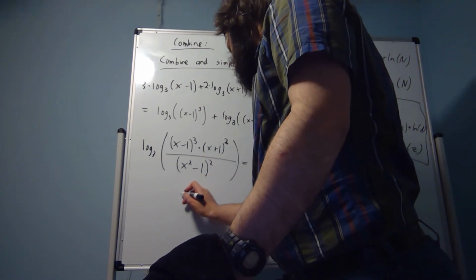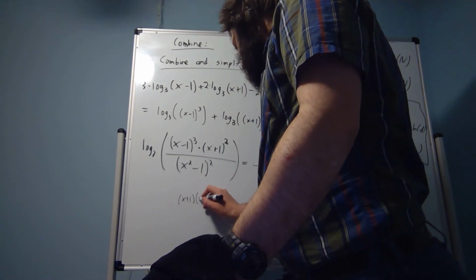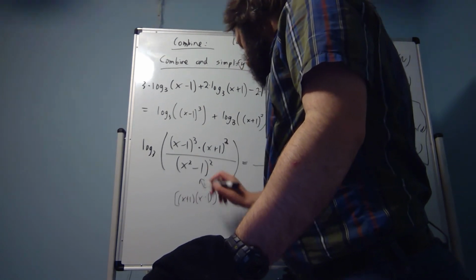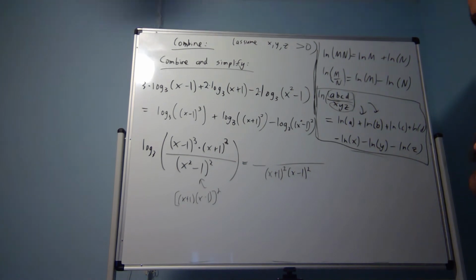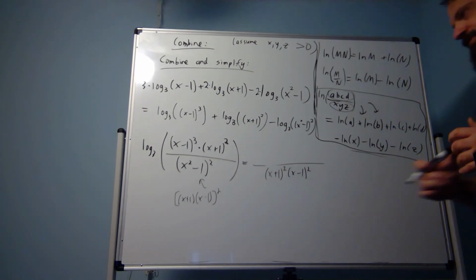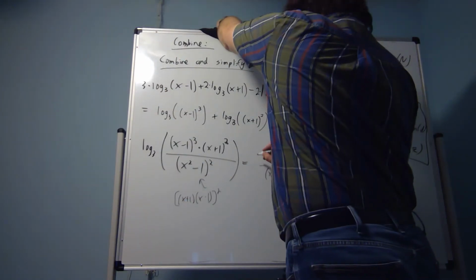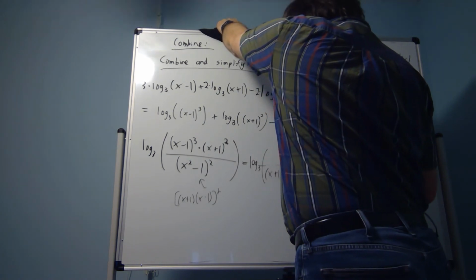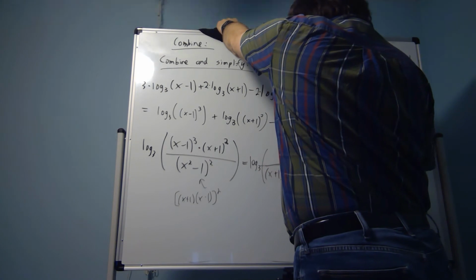Because what do we have? We have x plus 1 times x minus 1. The one in the denominator is this. So that thing in the denominator, yeah, this will be the easier way of thinking about it.